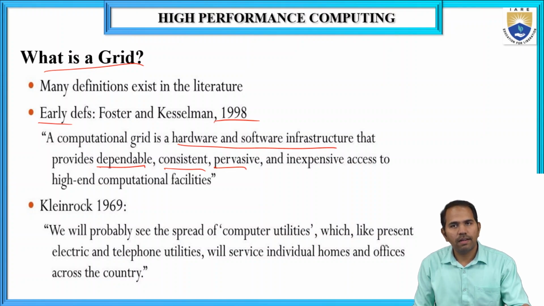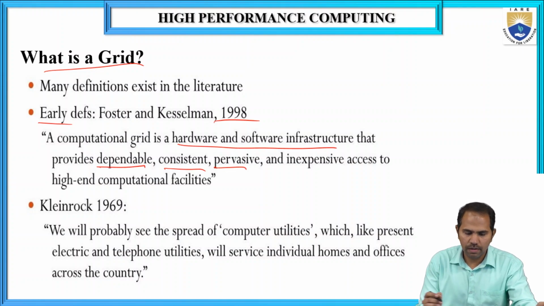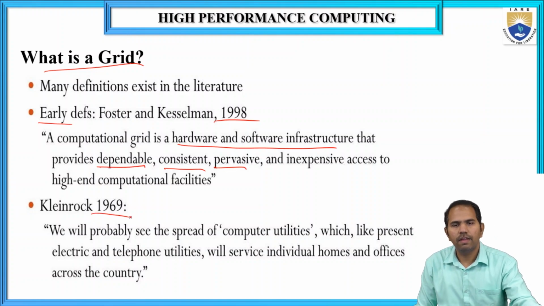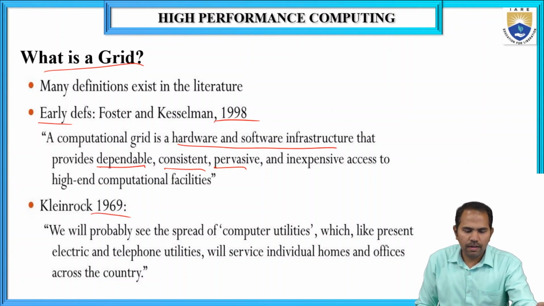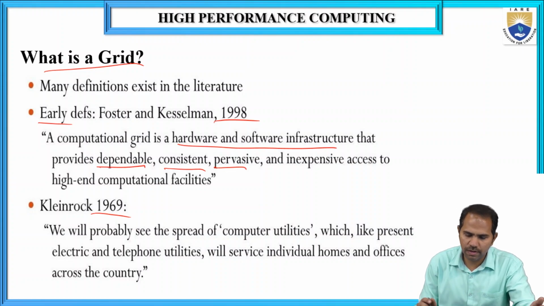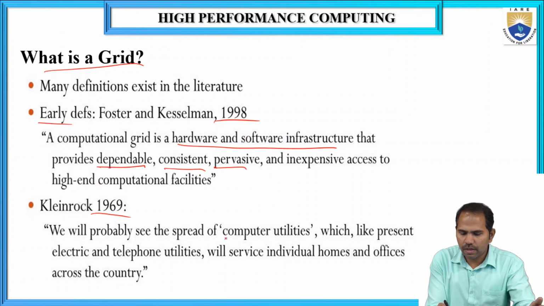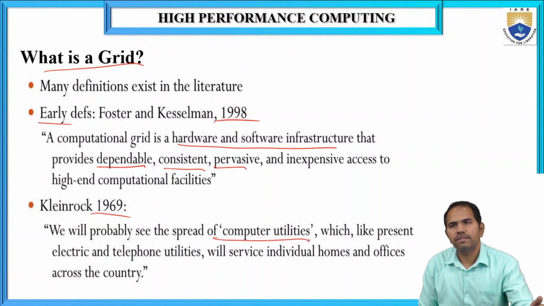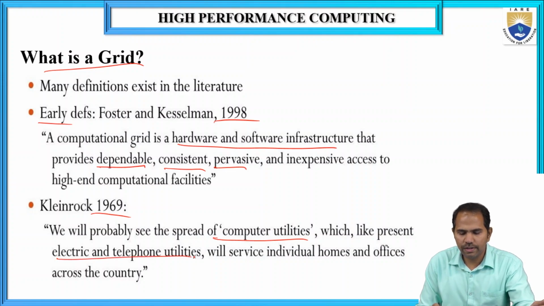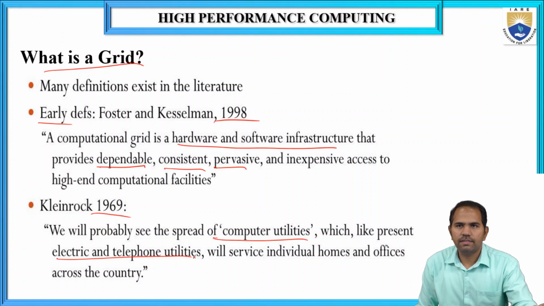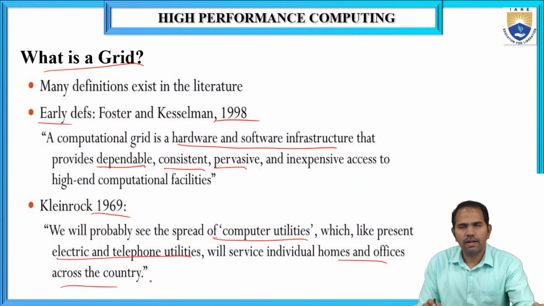And we'll see another definition from the year 1969. Kleinrock, a scientist, proposed it. What is the grid? It is a spread of computer utilities which, like present electronic and telephone utilities, will service individual homes and offices across the country.